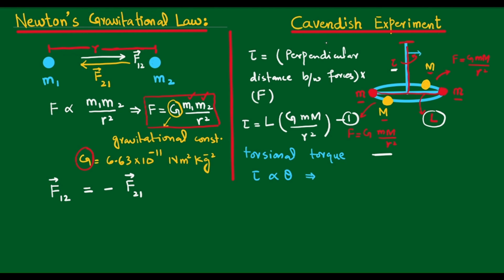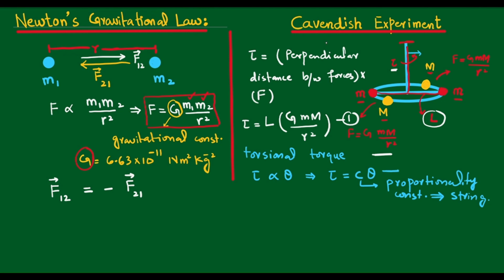It implies that torque is equal to c theta, where c is a proportionality constant, and it depends upon the nature of the string, how stiff or soft the string is. This is equation 2.